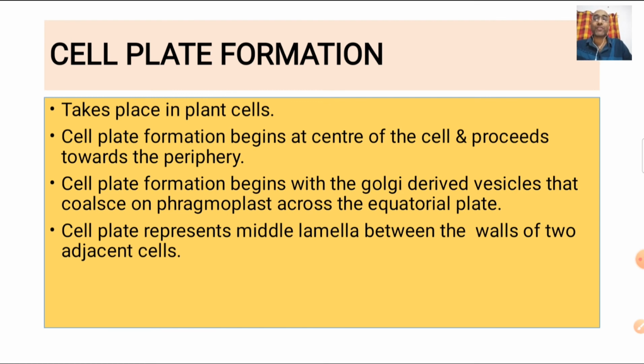As for the new term phragmoplast, these are plant-specific structures which form during late cytokinesis and act as a platform for cell plate formation or assembly. So this is how cell plate formation occurs.